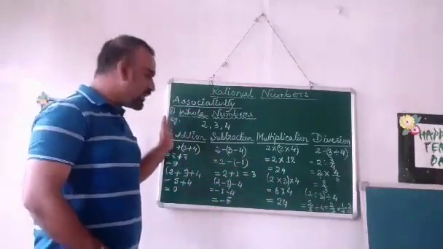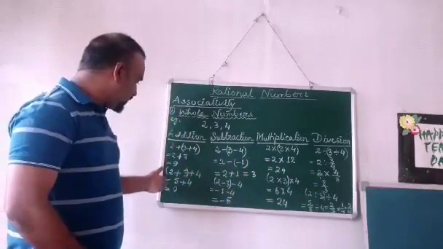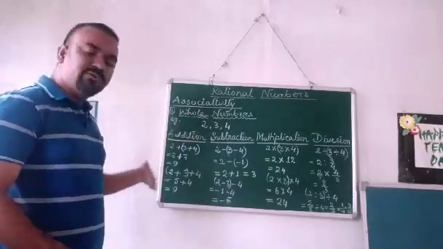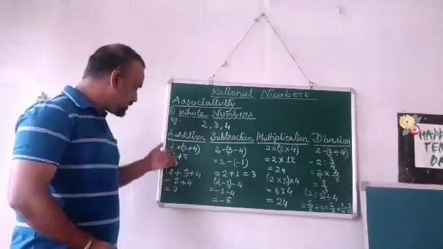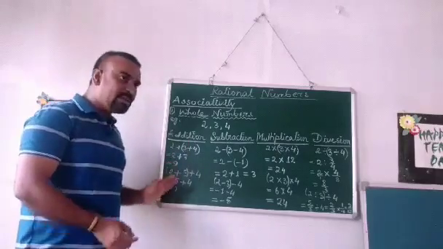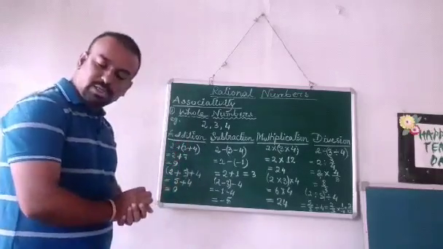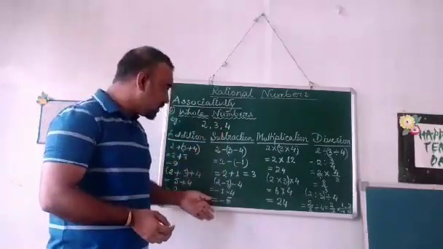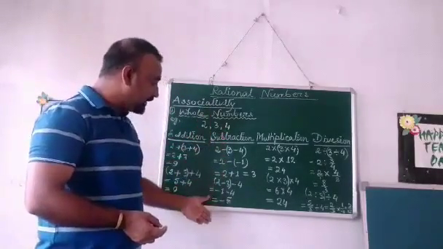So let's find out. For addition, both of the answers came same. However way you combine the numbers, the answers are coming same. However way you associate the numbers, the answers are coming same for addition. For subtraction, the answers are not coming same.